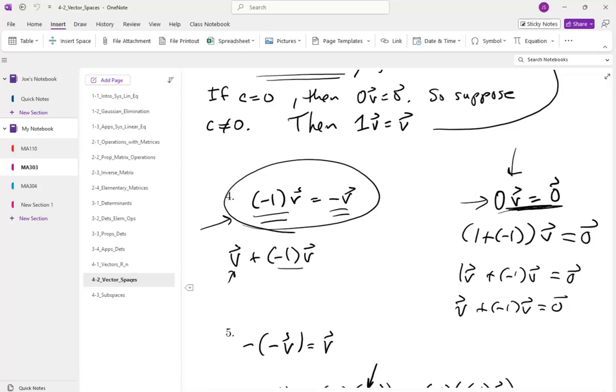If it's closed under scalar multiplication, I get that it has inverses as well in the subset. So it boils things down when we have the subset. If we want to check if a subset is in fact a vector space itself, it boils things down to just having to check those two axioms.